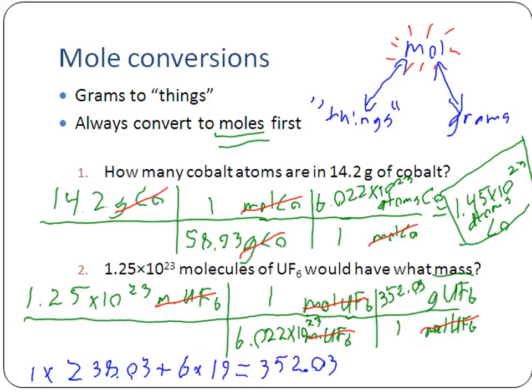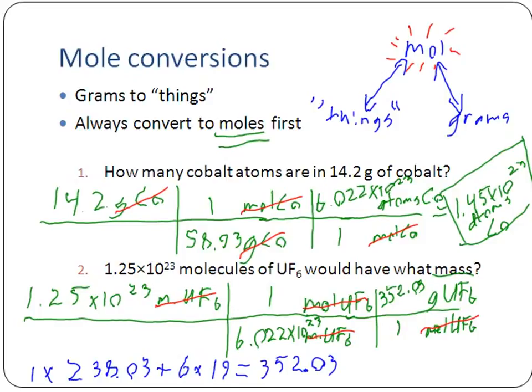And so to do this, we'll start off 1.25 times 10 to the 23rd, so what's on top, times what's next on top, which is 1, times 352.03, and then divided by 6.022 times 10 to the 23rd, and divided by 1. Doing so gets us an answer of 73.07.